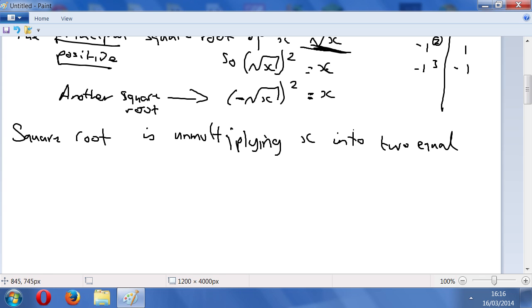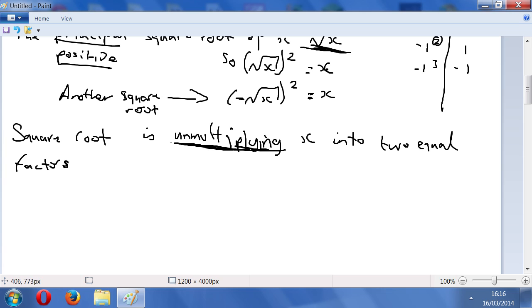You can imagine x is like a large structure with modular pieces, well, two big modular pieces, I suppose, and it's finding those numbers. Well, I suppose that would be additive, wouldn't it, if you did it like that? But it's unmultiplying.